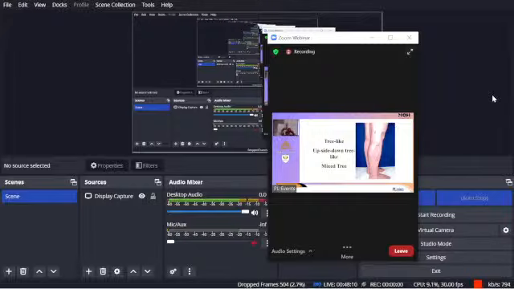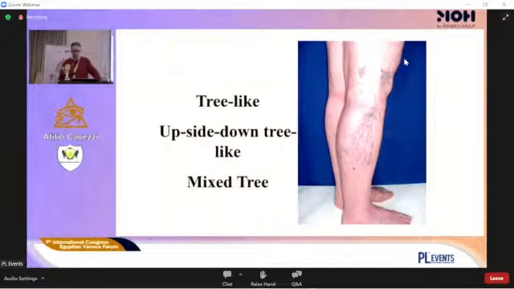When we come to reticular varices and telangiectasias, things become more complicated, because we may have telangiectasias here and some reticular varices above and below.